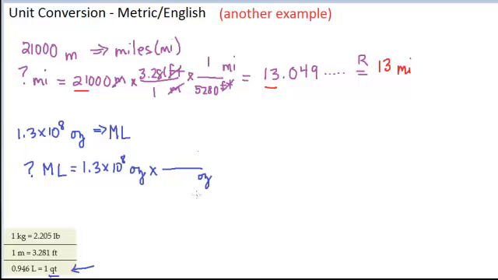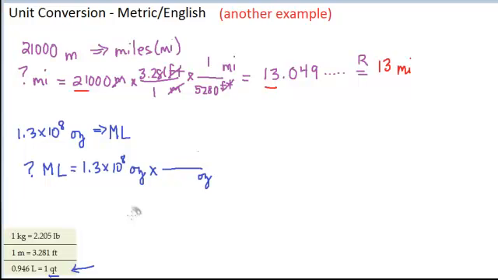Now from here, I have a couple of different paths I can follow. I might go between ounces and quarts directly if I know that off the top of my head, or I might want to go between ounces and pints and then go from pints to quarts. There are a variety of ways of doing this, and none of them are wrong as long as you're using the proper equivalences.